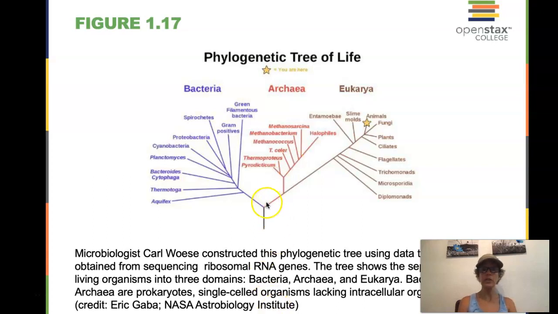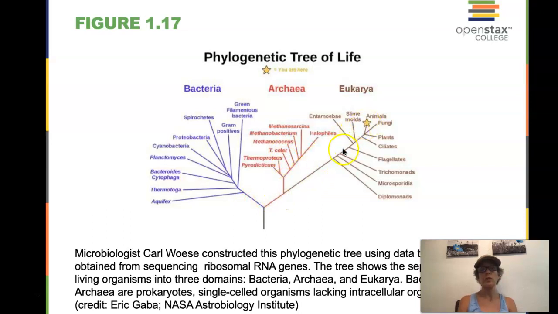So when we look at this, there is the one branch point, which is the common ancestor to all living things. We have the bacteria domain going off this direction. The next one that branches off from that universal ancestor is the archaea, and then the eukarya.